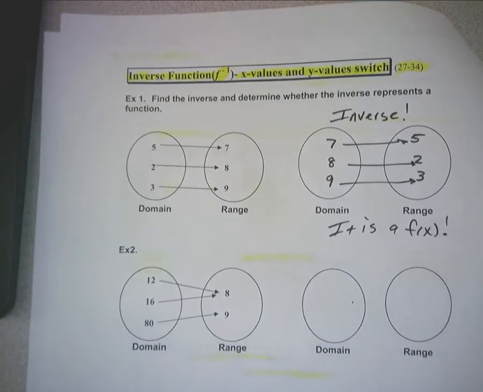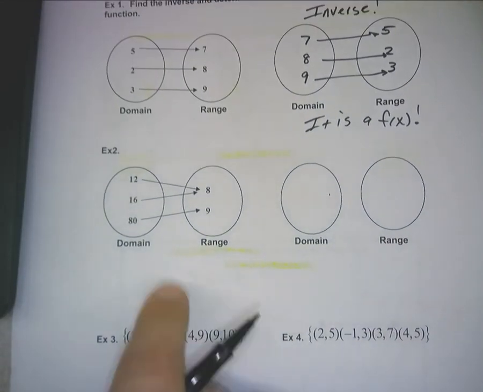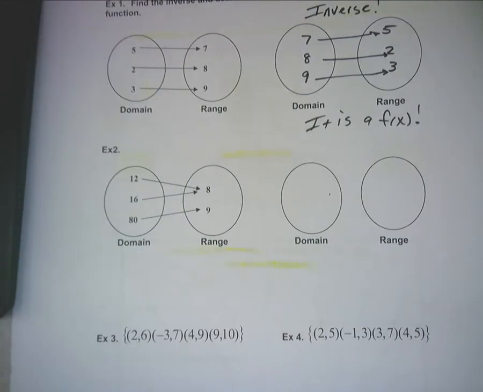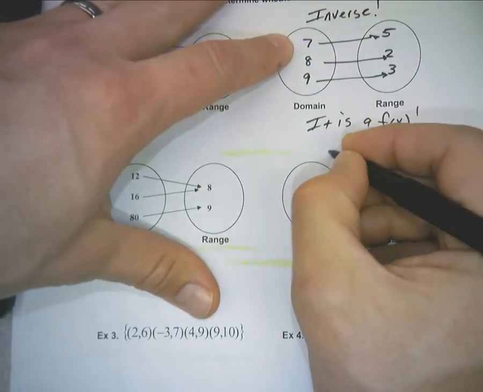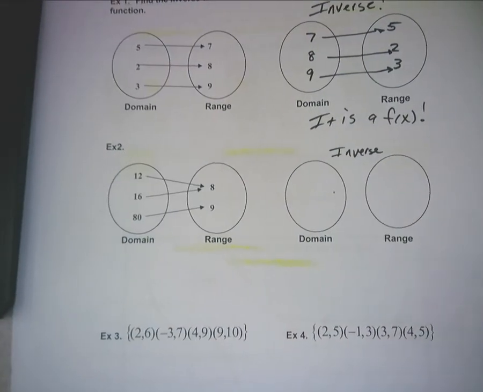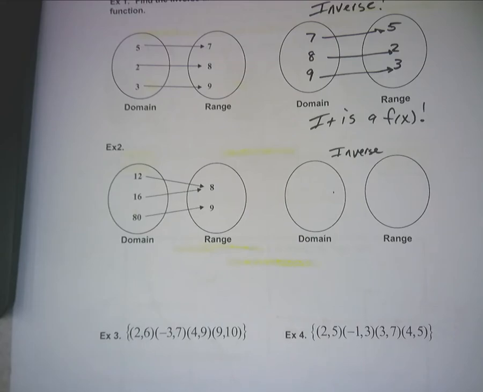So let's take a look at the next one. Okay, I got 12, 16, 80, 8, 9. Okay, I want to do the inverse. By definition, inverse tells me to take my domain and ranges and flip-flop them, take my x's and y's and flip-flop them.